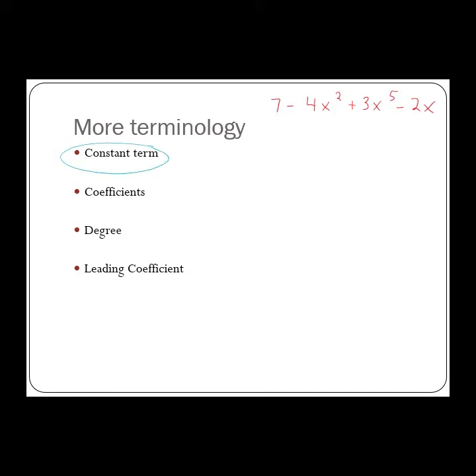So the constant term is going to actually be this 7. When you see the term coefficients, coefficients mean the numbers that go with the variable in the front. So that's the 7, the -4, the 3, and the -2.